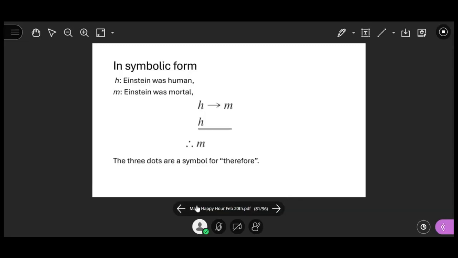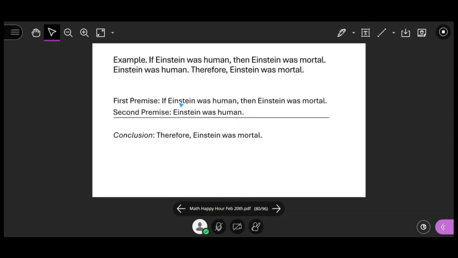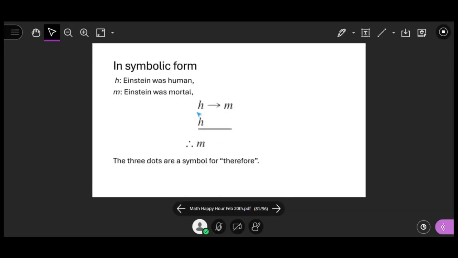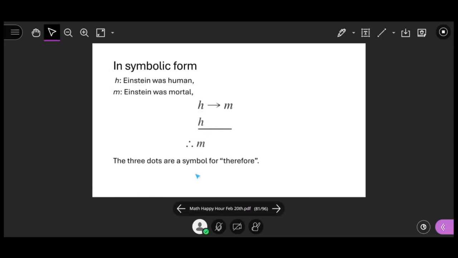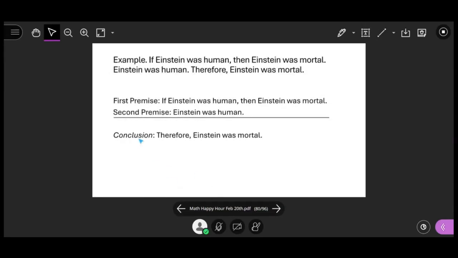Once we have identified the premises, we can give them symbols or letters here. So H is going to represent Einstein was human. M will represent Einstein was mortal. So our first sentence, if Einstein was human, that's our H, then Einstein was mortal, that's our M. So we can write it as H conditional M. Then our second statement, Einstein was human, so that is H. Then our conclusion, therefore Einstein was mortal.